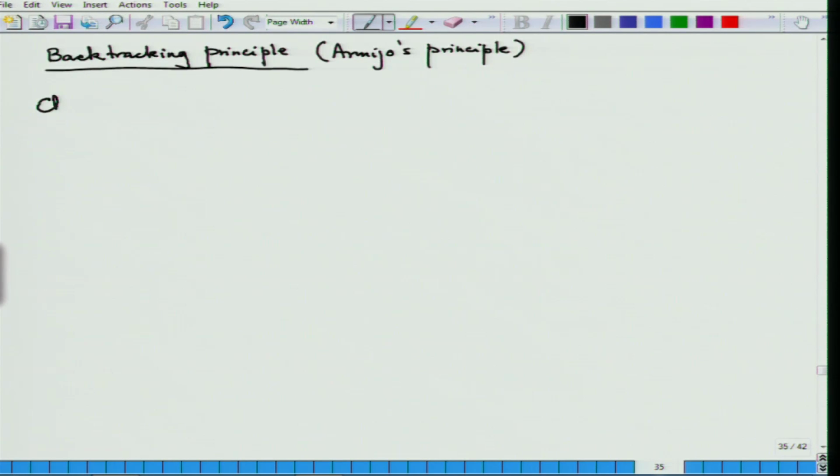So you choose some alpha bar greater than 0, and choose a rho between 0 and 1, and C between 0 and 1, that is C1 actually. Now initialize alpha with alpha bar you have chosen.